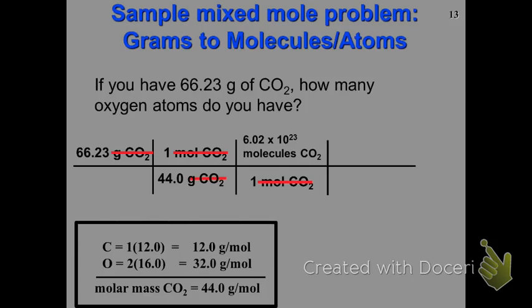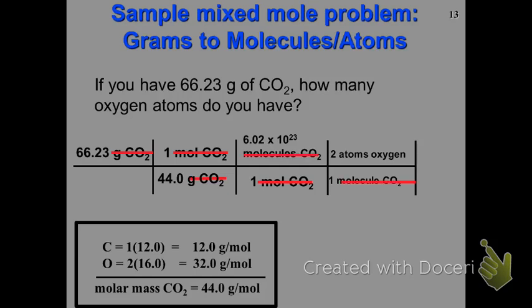First of all, I said, I need another conversion factor, so I need another box. So I made another box, table if you will. And then I just look at the molecule itself. What you'll see is there's 2 atoms of oxygen for every molecule of CO2. It's right there, because it's CO2.